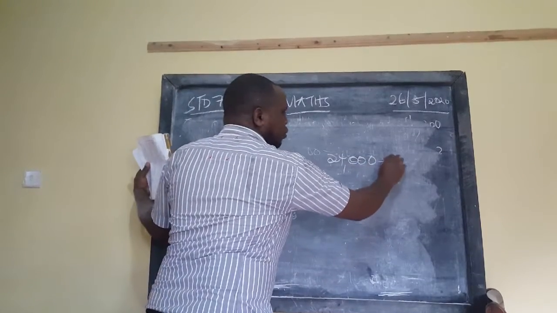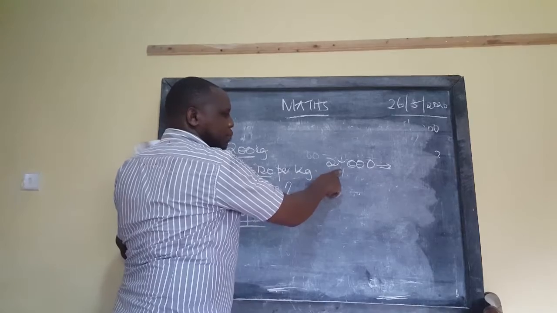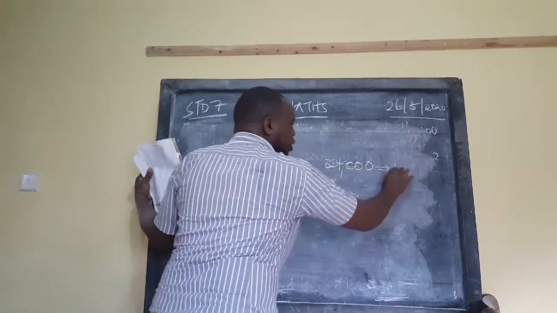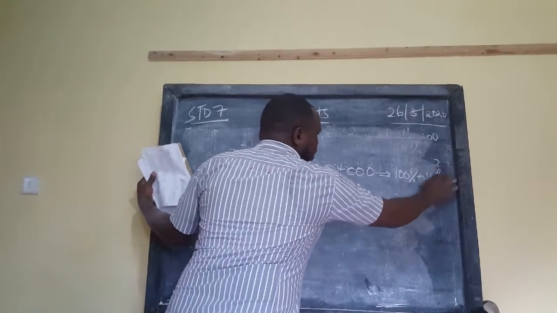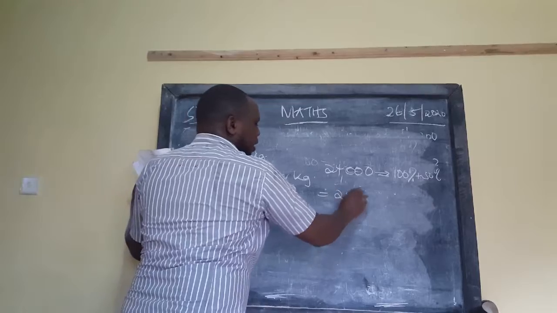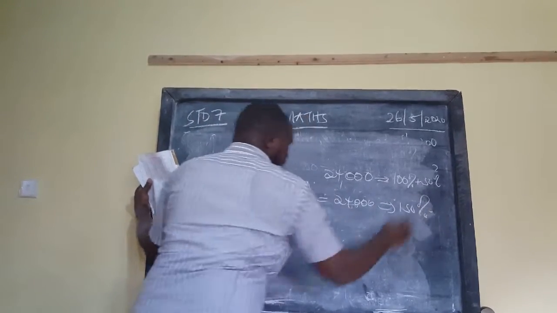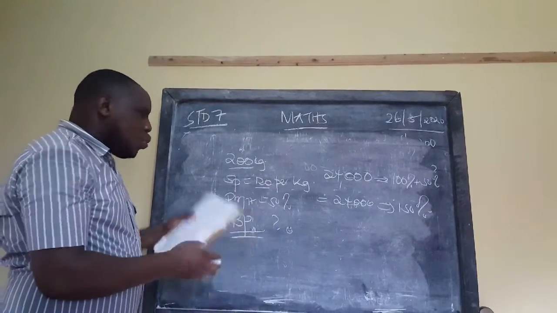So for you to be able to get the buying price, you will say this 24,000 was the selling price and it was having a 50% profit. It was the original price, 100% plus 50. So 24,000 shillings was equivalent to 150% because it included the profit. The question is, what is the buying price?